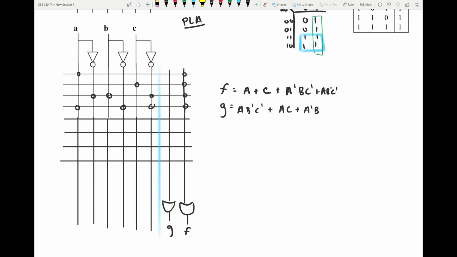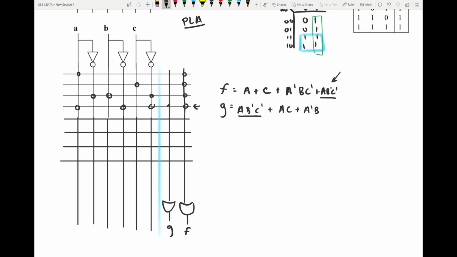But we'll notice that this first term, A, B naught, C naught, is actually a part of F as well. So instead of programming it on another line, all I have to do is find the part of F where I programmed this, which is going to be this line right here. And I'm going to program that into G as well.